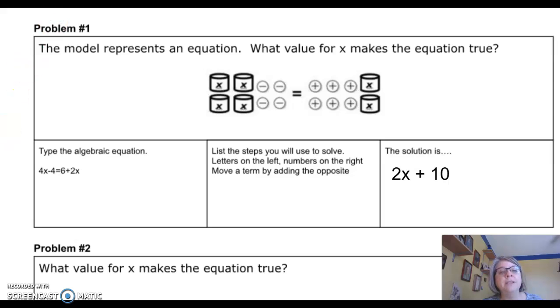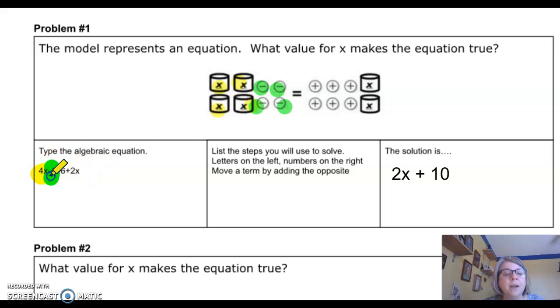Now, first thing you're going to see is that I actually typed the equation over here. I have 4x minus 4 because there are 4 x's. There's my 4x, minus 4, because they're negative signs.